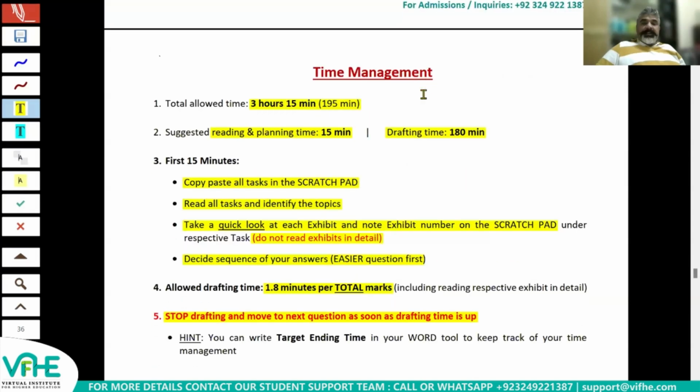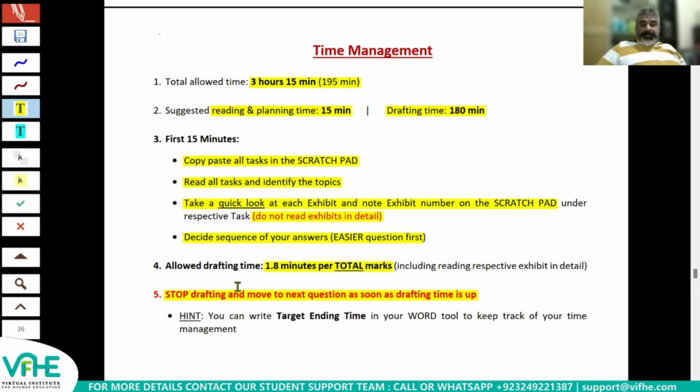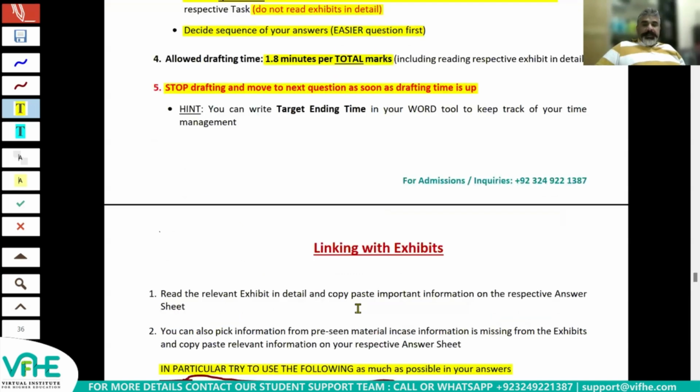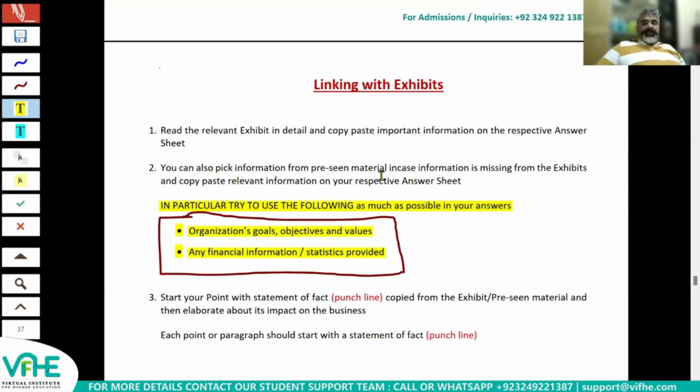We are very clear that in the first 15 minutes, we will do our planning and linking with the exhibits, familiarizing ourselves with the tasks, deciding which one is an easier question and which one is difficult. For drafting, we will use 1.8 minutes per mark. As soon as the drafting time is up, we will leave that question incomplete and move to the next question.